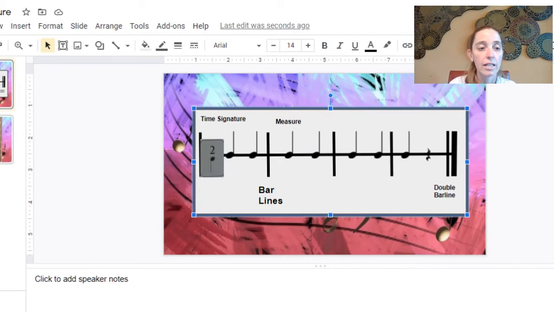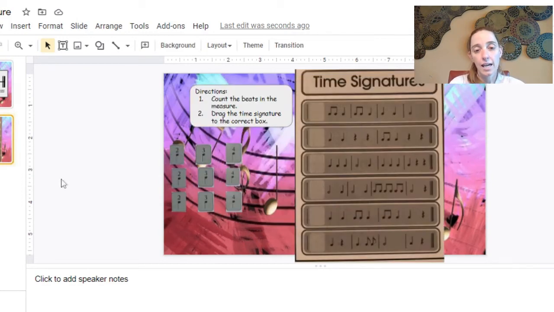All right, so let's look at different examples of time signatures and figure out how to label which one we need to put in the beginning of each of the exercises.